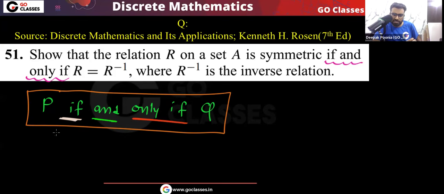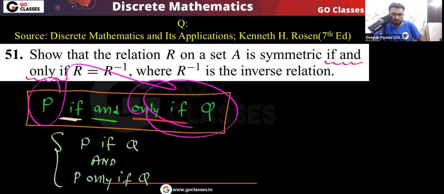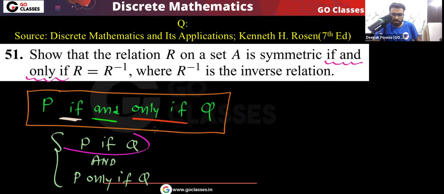I can write this statement like this: there is P if Q and there is P only if Q. Do you agree?